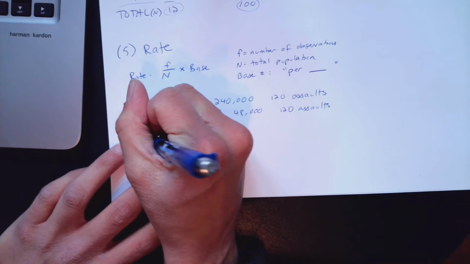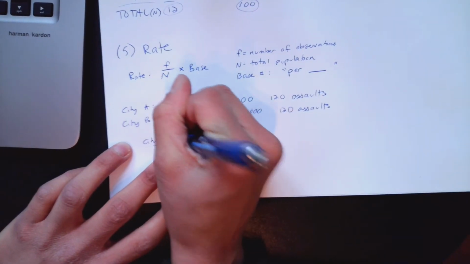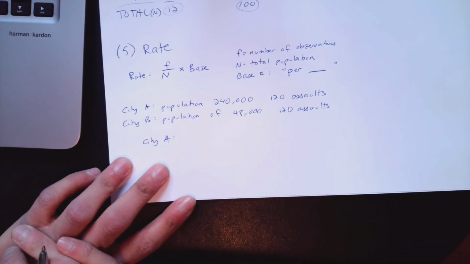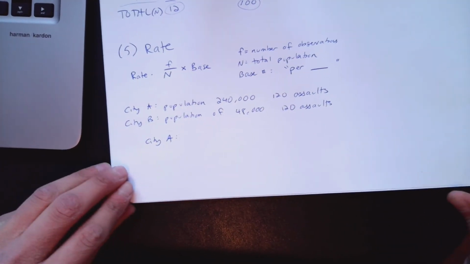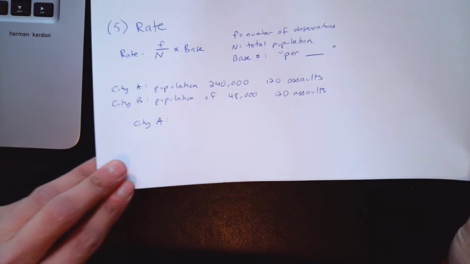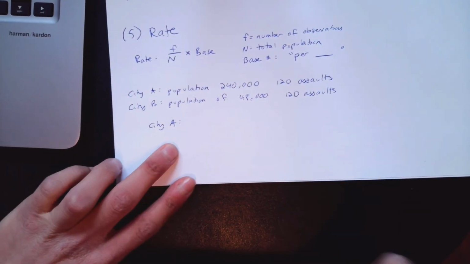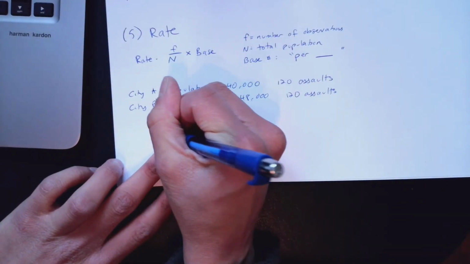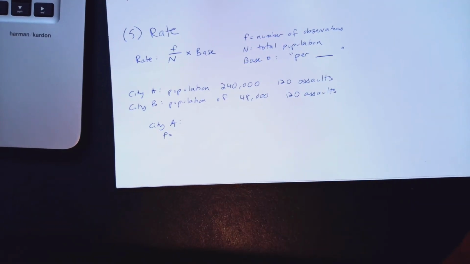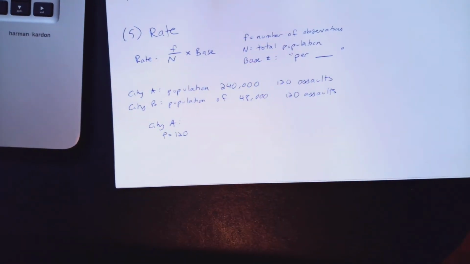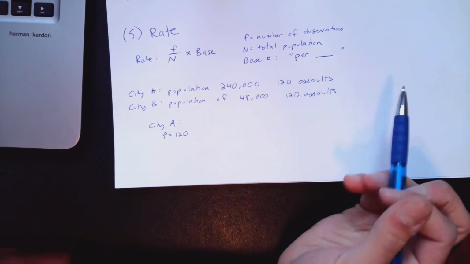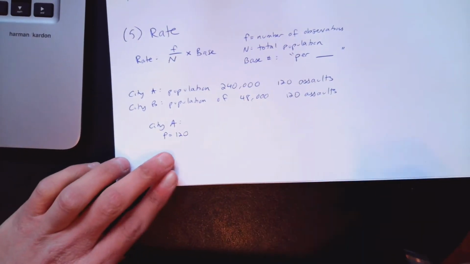So for city A here, we're going to be using this rate formula to calculate the number of assaults per 10,000 people in the city. And so for city A, our F, which is the total number of cases or observations, is going to be 120. So there was 120 assaults in the city.